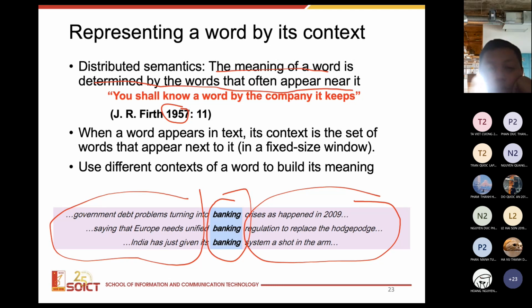It's so true that, for example, when you see the word banking here, it is reasonable to understand that when we're talking about the bank here, we discuss maybe government debt, Europe, India, regulation, crisis, right?